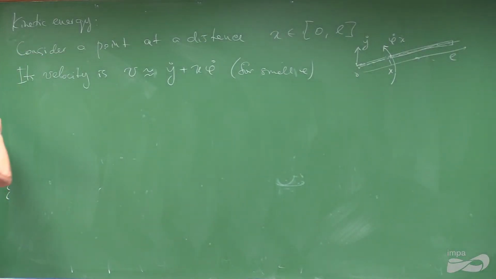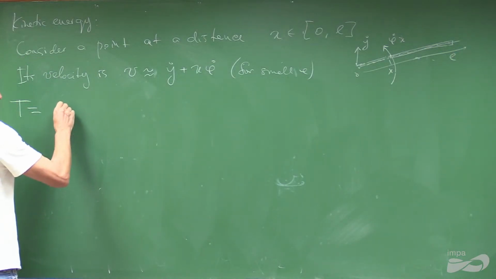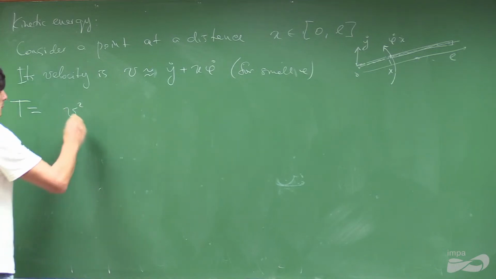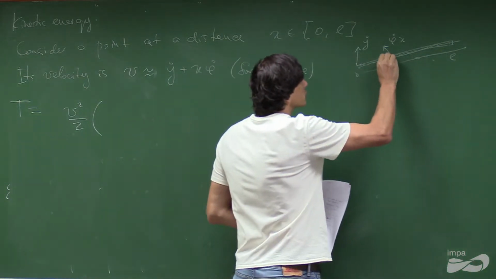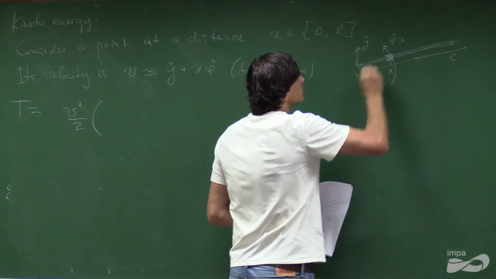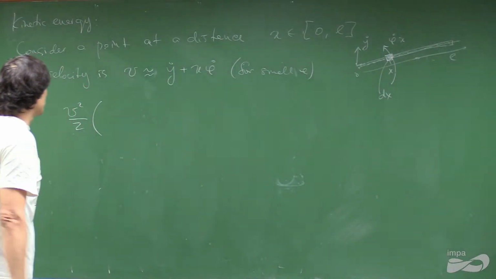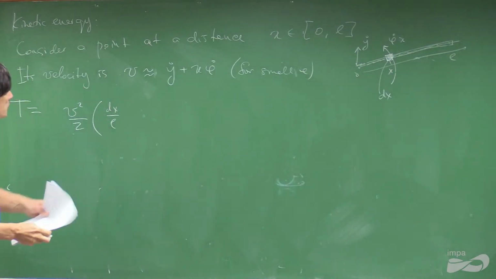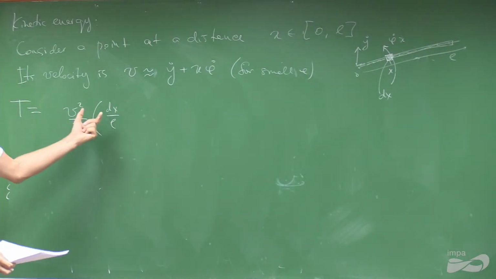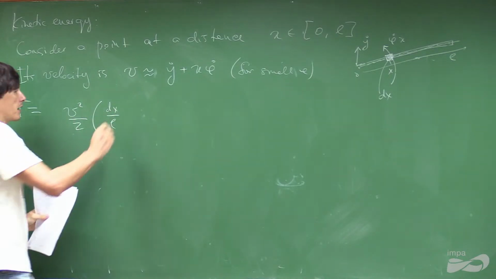Okay, so then the kinetic energy of this piece is the velocity squared by mass, by 2. Let's consider this small piece of size dx. Then the mass will be dx over L, the fraction of the whole body we consider, times m.